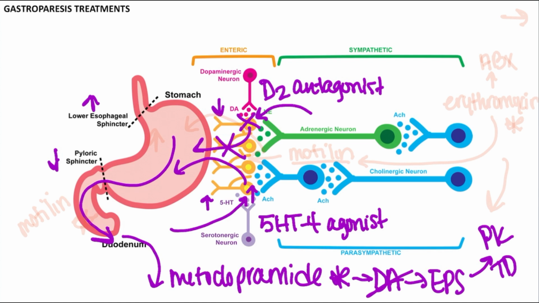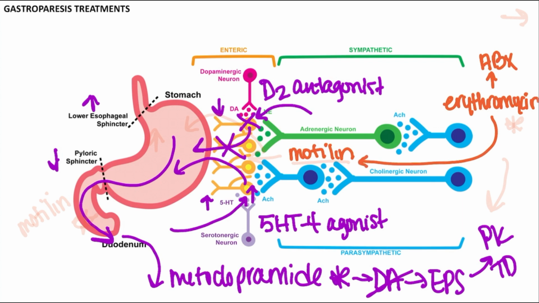The next agent we're going to discuss is erythromycin. And you may be confused because this is an antibiotic, right? Well, erythromycin also acts as a motilin receptor agonist as well.